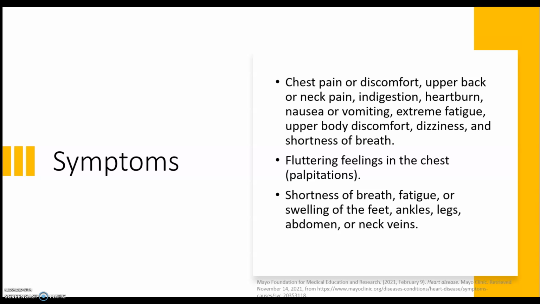Symptoms. Sometimes heart disease, as previously mentioned, may be silent and not diagnosed until a person experiences signs or symptoms of a heart attack, heart failure, or an arrhythmia.